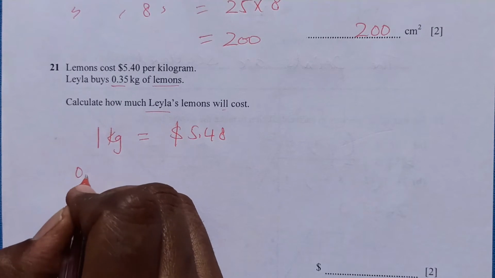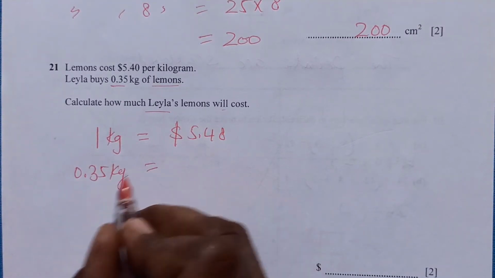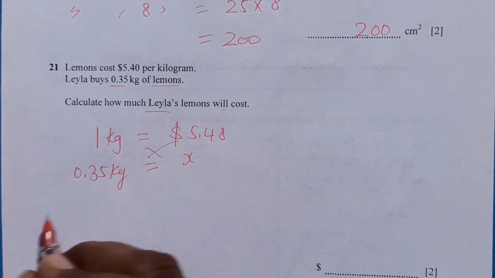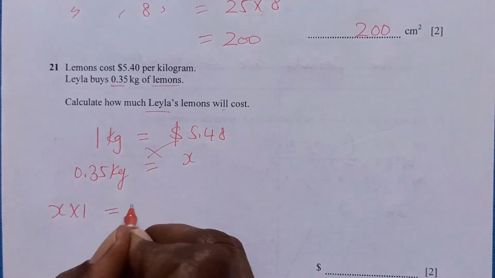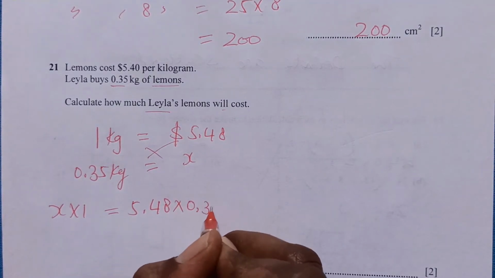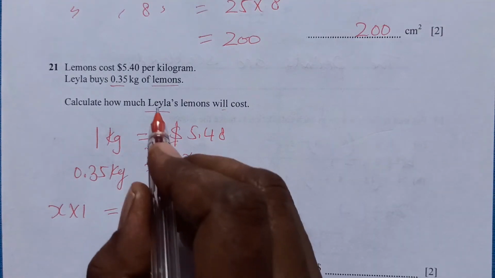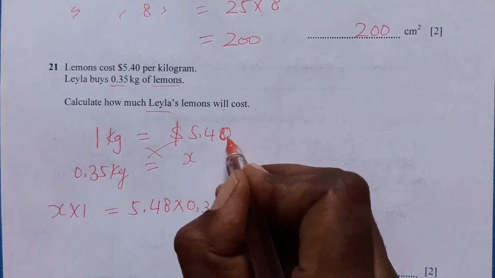How much amount does she have to spend for 0.35? Just cross multiply. X times 1 is 5.48 times 0.35. Now we can just multiply.